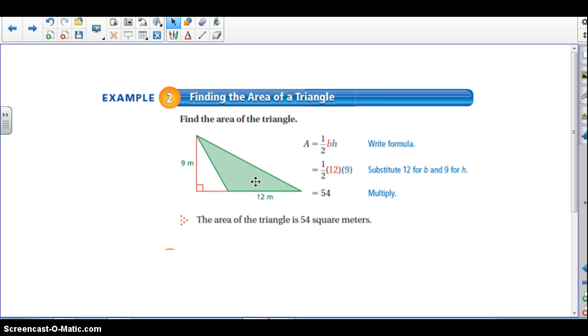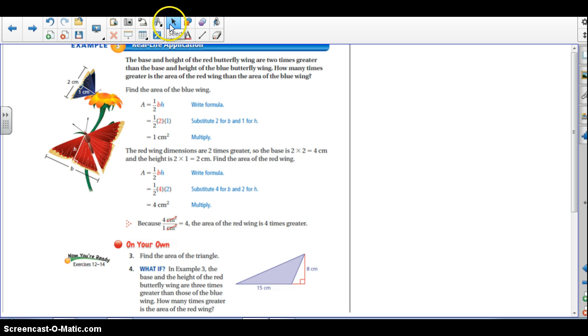Some people take 1/2 of 12, multiply it times 9 in this case, so since 9 is an odd number, they don't really have to deal with decimals. So there are different ways to figure this out. Okay, that was pretty simple for example 2, so we're gonna move into example 3.